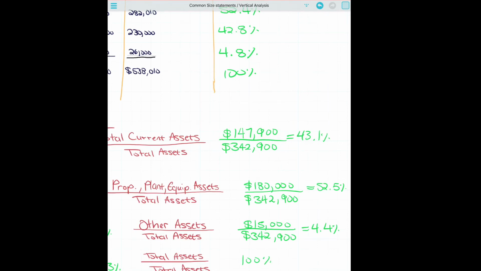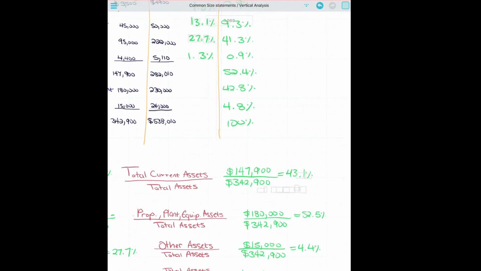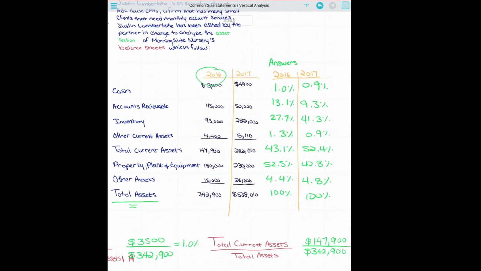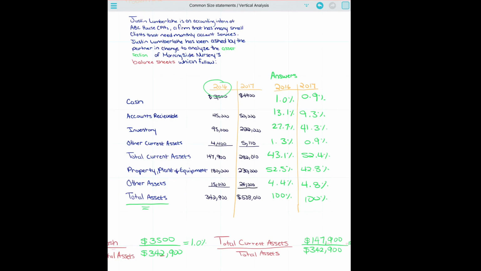I'm just going to go ahead and write that in: 43.1%, 52.5%, 4.4%, 100%. Okay, so there's all our answers for question number 2, and hopefully you understand it and everything made sense.